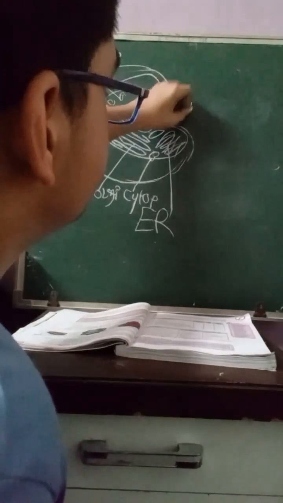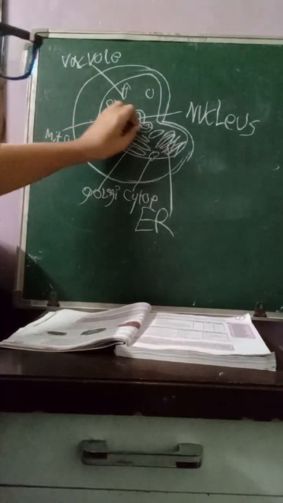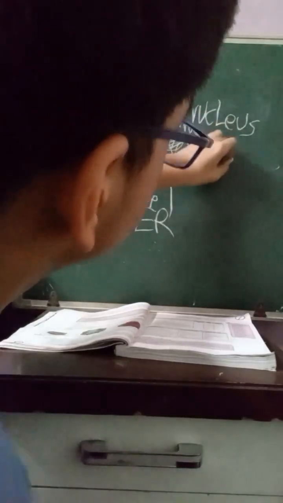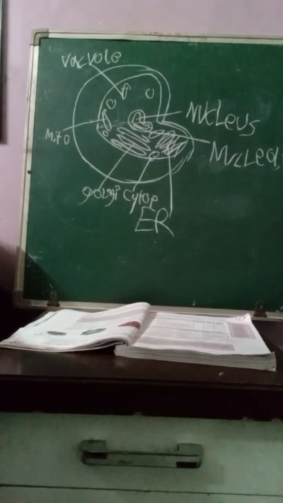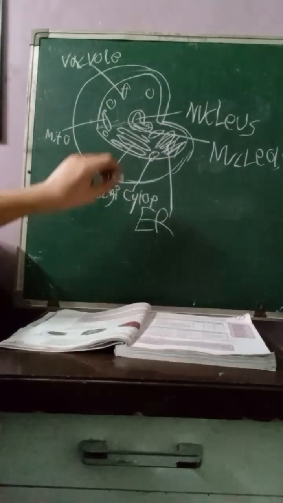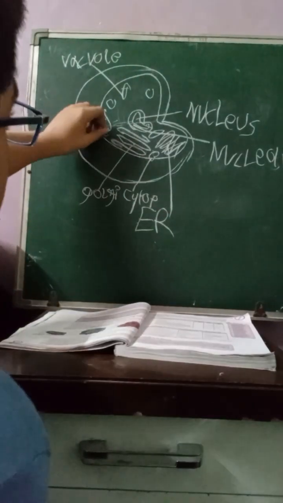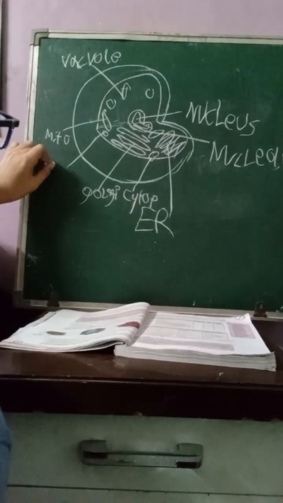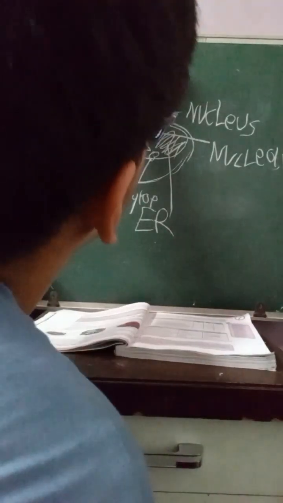This is the nucleus. And the outer layer is the nucleolus. Yeah, so this is the nucleolus. And we got the ER, we got the nucleolus, we got everything. Yeah, we got a ribosome. And the lysosome.